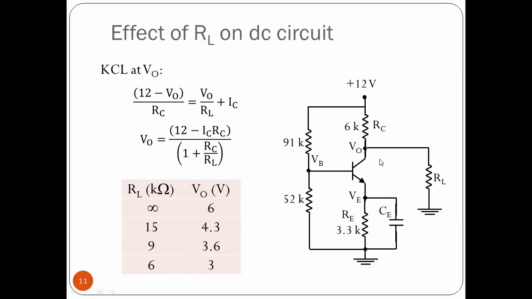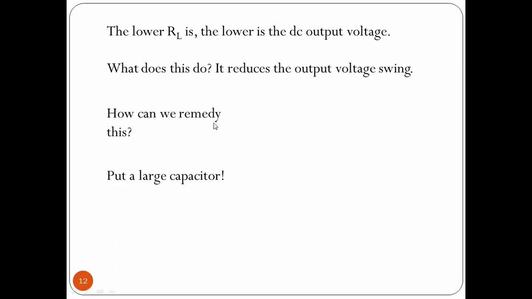So again, as we've seen before, this causes the output voltage swing. When the AC signal is applied, the output voltage swing can be only 0.1 volt if the DC VO is 3.6 volts. Therefore, the effect of connecting RL, and as the RL value reduces, is to reduce the output voltage swing. Okay, how can we remedy this?